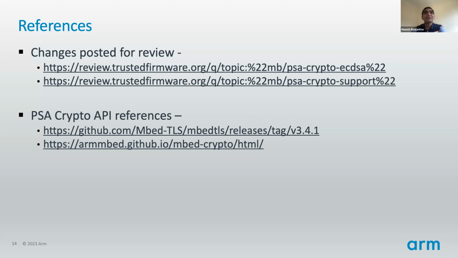Yeah, so with RSA, the framework currently in the TF-A is working in such a way that we are getting the DER encoded public key from the certificate, and then we are passing that to this PSA Crypto API.